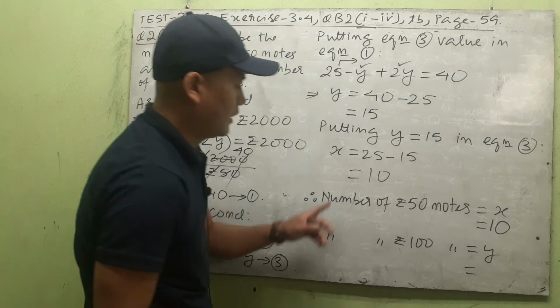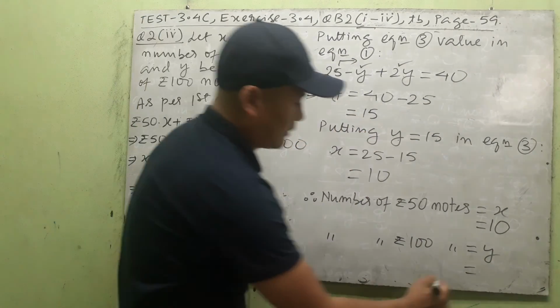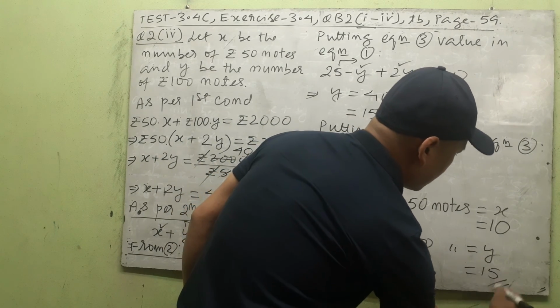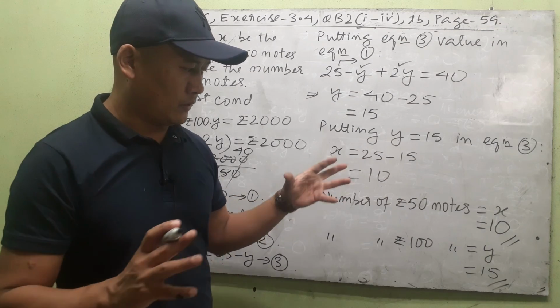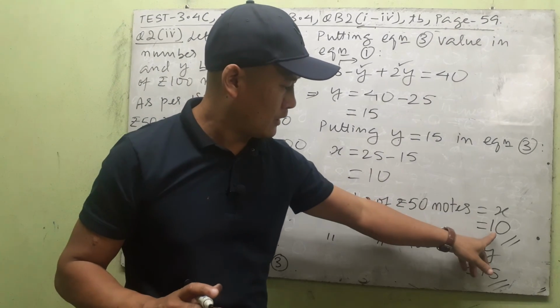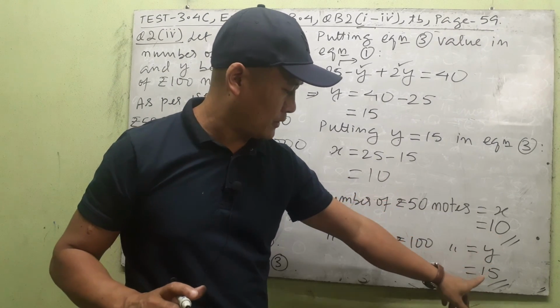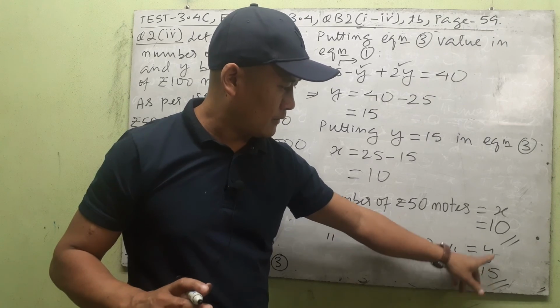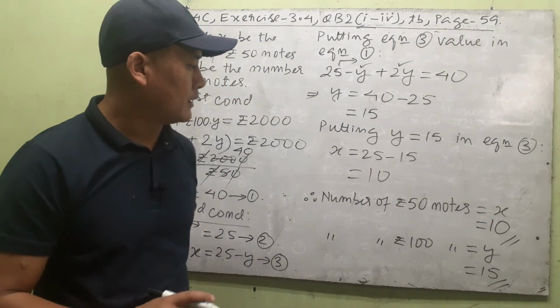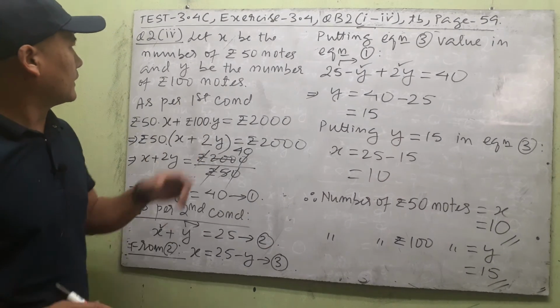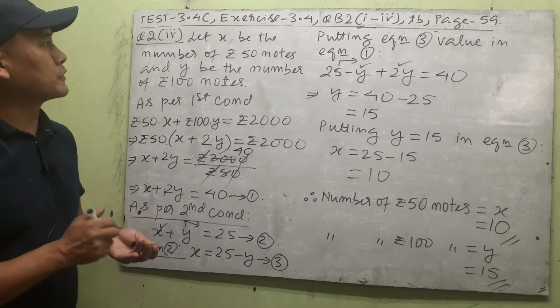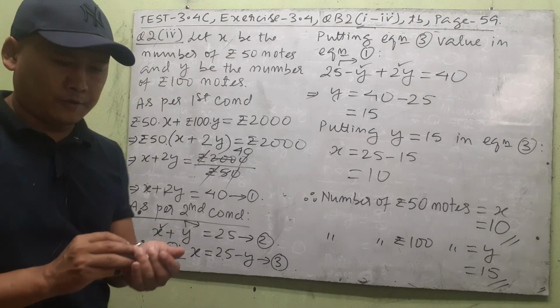So she got 15 rupees 100 notes. So it must be correct because the question itself is saying she got a total number of notes of 25. So rupees 50 notes 10, rupees 100 notes 15, 15 plus 10, 25. Seems to be correct. So these are the answers. Okay, I think that concludes the part for test 3.4C. Okay, I hope you understood it.